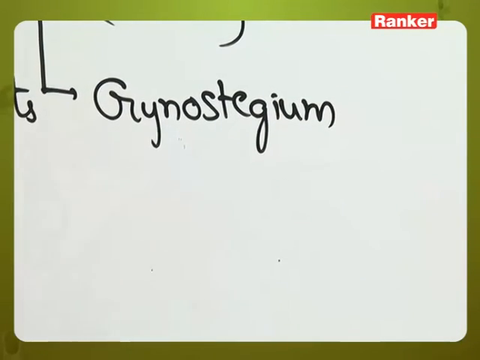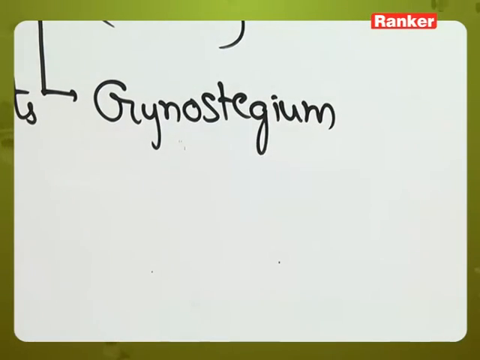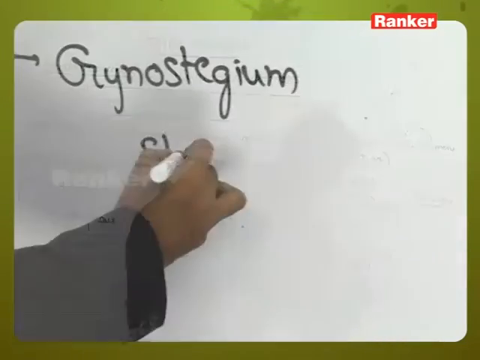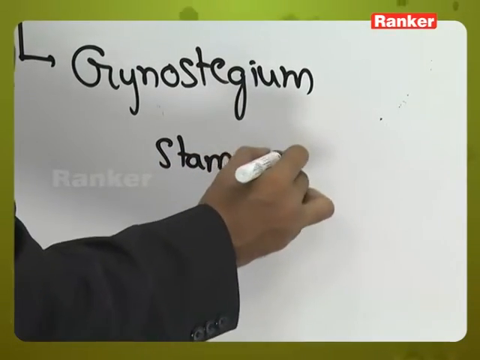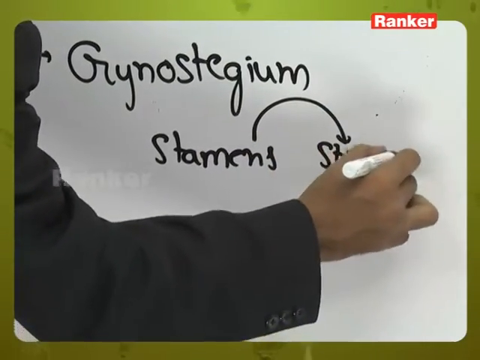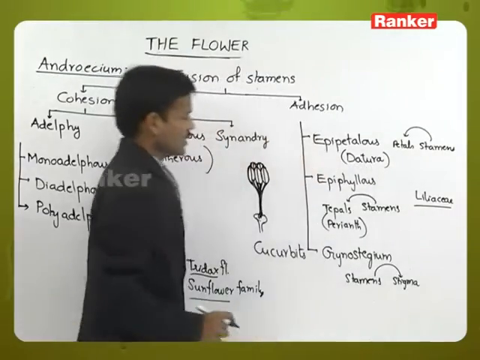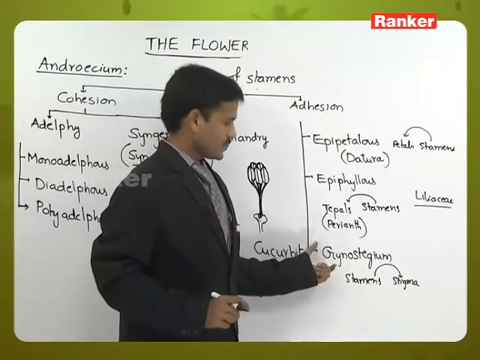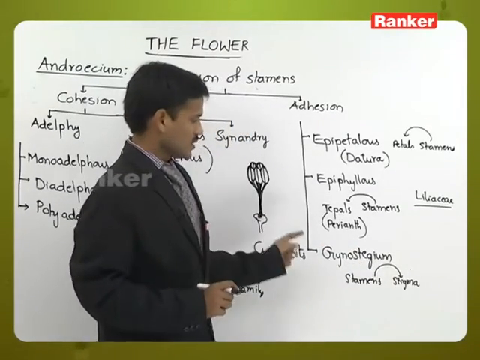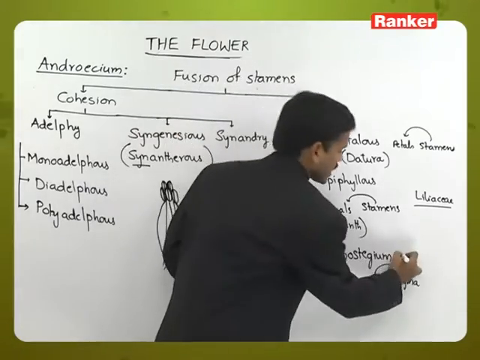Gynostegium means stamens are fused with the stigma of gynoecium. This type of condition is observed in Calotropis.